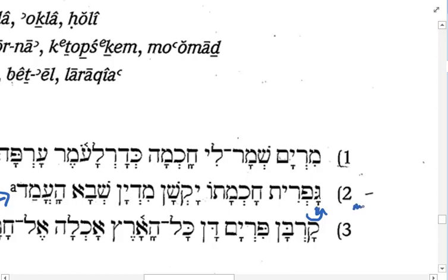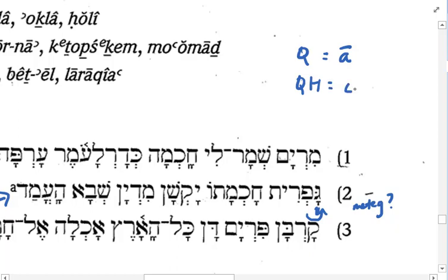So I want to look to the left of the kametz, and I'm looking for the presence of a methag to help me know whether this is a kametz or a kametz ketuf. Remember, we're going to abbreviate the kametz as a Q. Kametz ketuf is a QH. The kametz, is that the long A or the short O? Long A. It's ah, right?